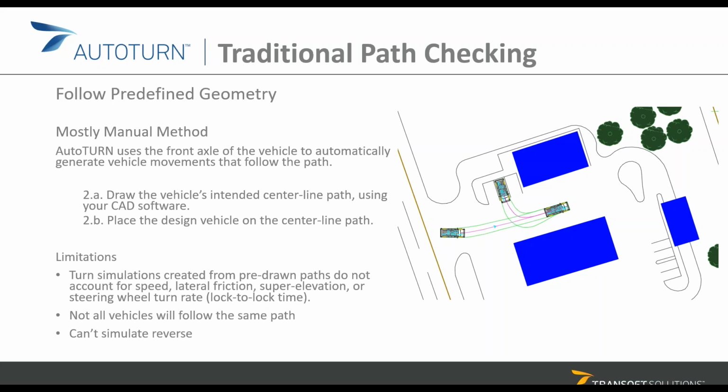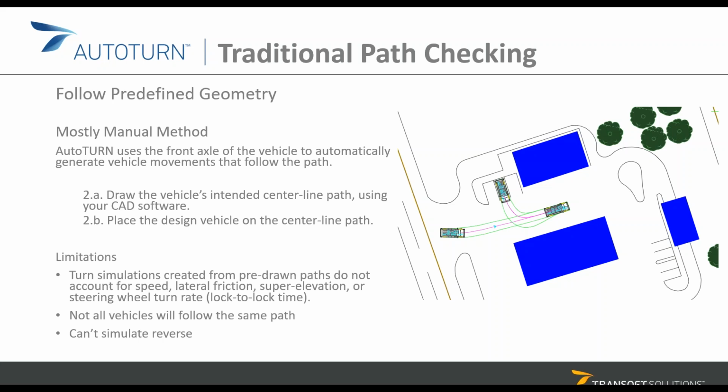I guess some of the limitations of this type of analysis is that the designer will need a lot of experience to indicate the intended centerline path, because you're kind of guessing where the vehicle should go and how it should make the turn, or your ideal path.